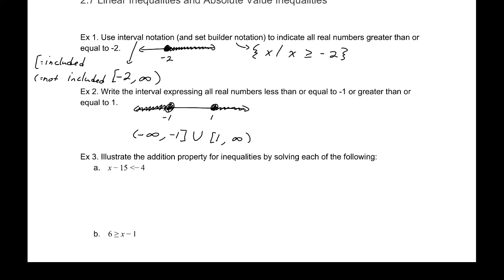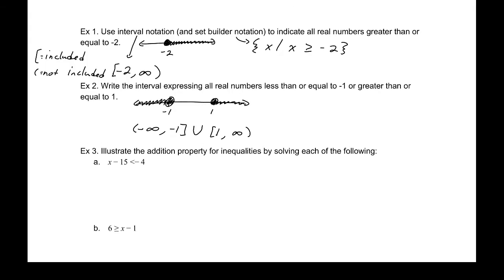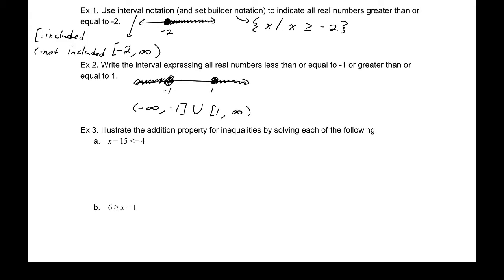All right, now illustrate the addition property for inequalities by solving each of the following. Okay, and that should be a +4. Let's scratch that. To solve this inequality, I'm going to add 15 to both sides. So that would be x is less than 19.